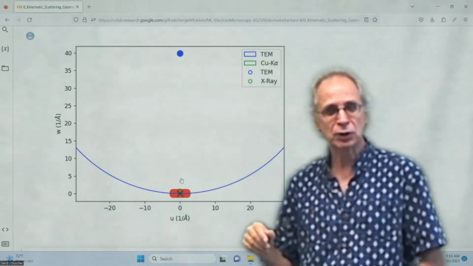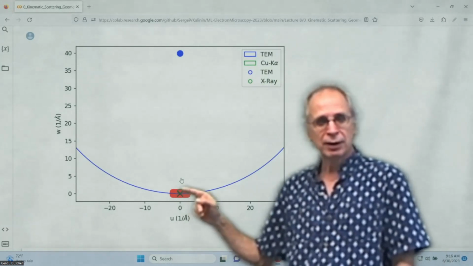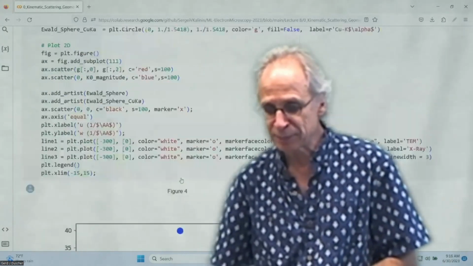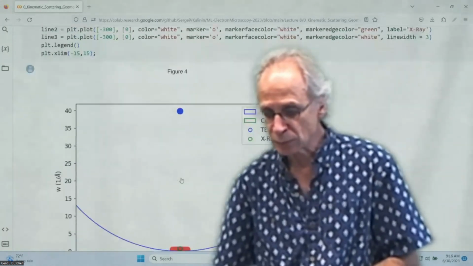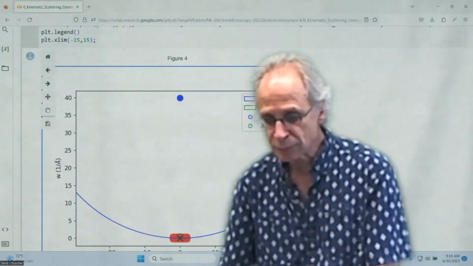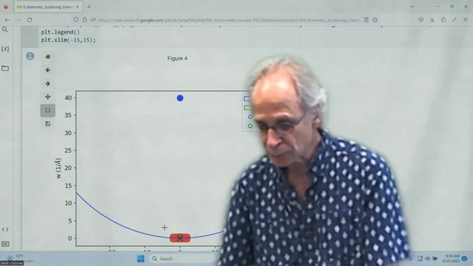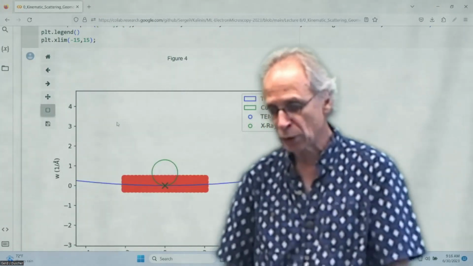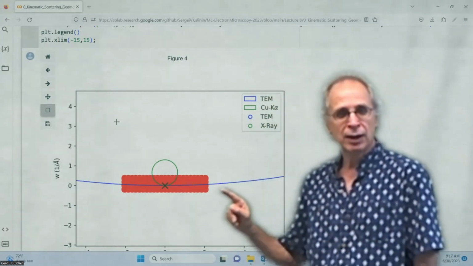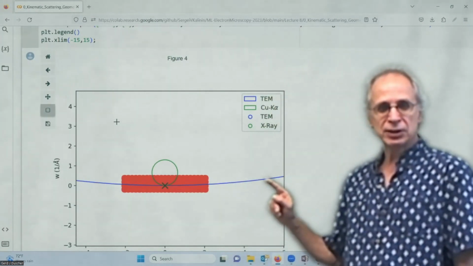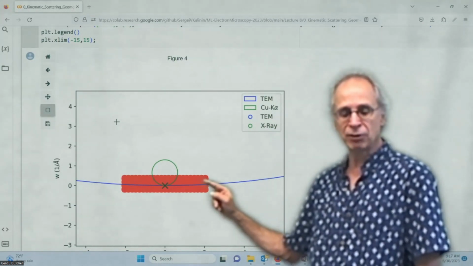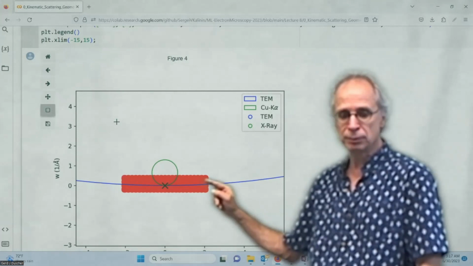Okay, so it's huge. I'm not sure whether you can see that, but if we zoom in here a little bit, oh, that's good. This is the Ewald sphere cutting through the reciprocal space in the relevant area or volume.